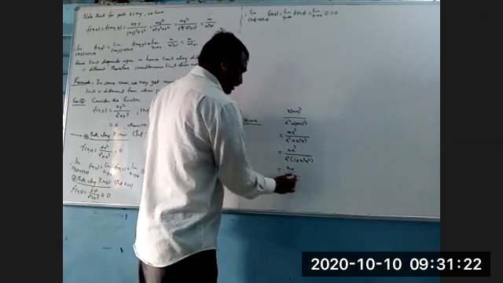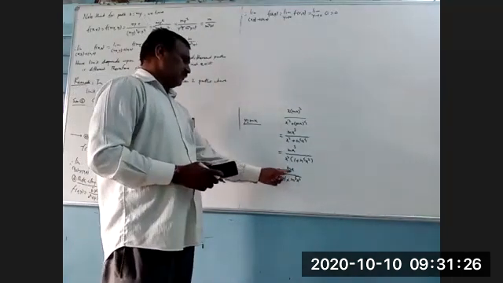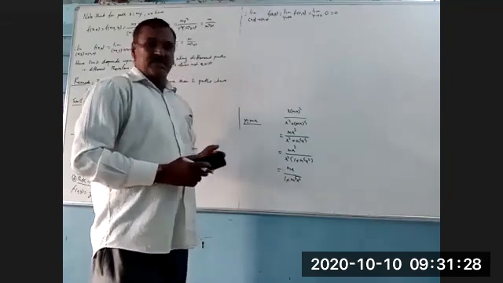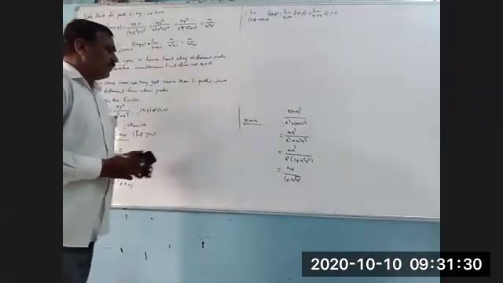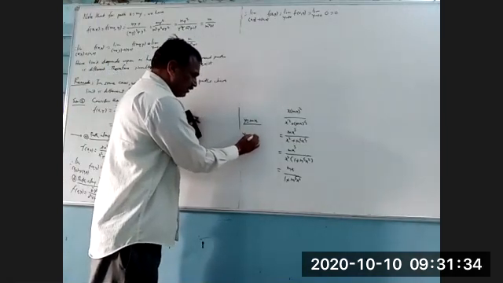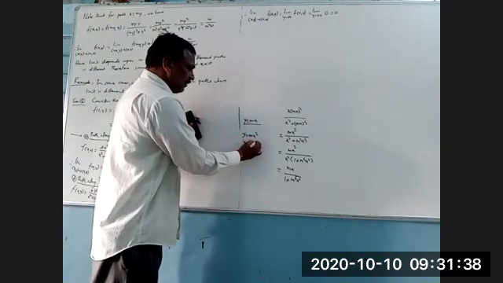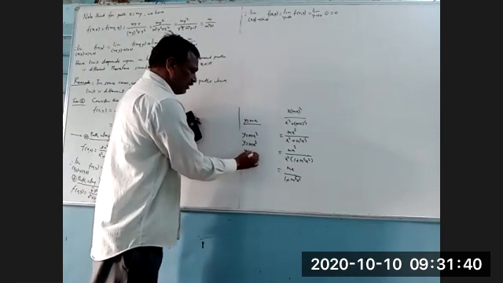Then if you take limit x tends to 0, this limit is again 0. Therefore, similar things happen for paths y equal to mx square, y equal to mx cube, y equal to mx fourth, and in this way.